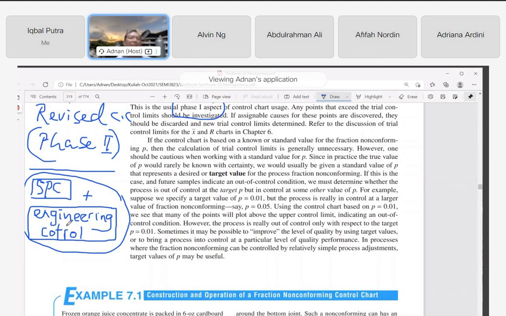In the past, they were not together. Now they become a synergy, and the process becomes better because control engineering diagnoses the root cause of the problem together with SPC techniques, eliminates the root cause, and the process can be more sustainable for future monitoring.